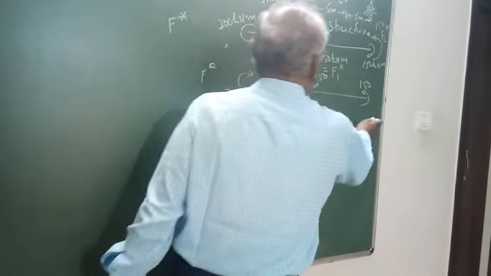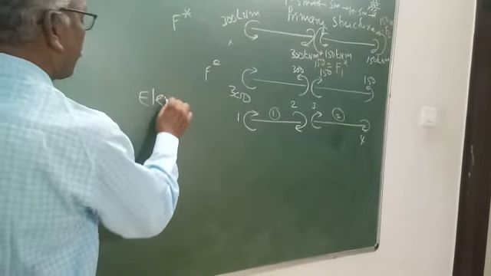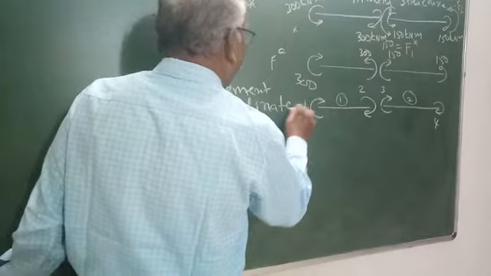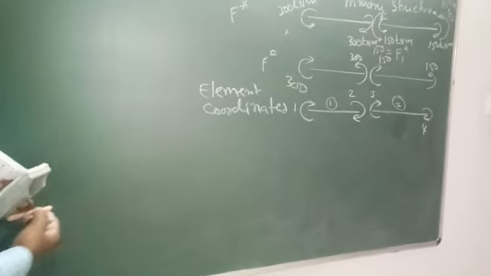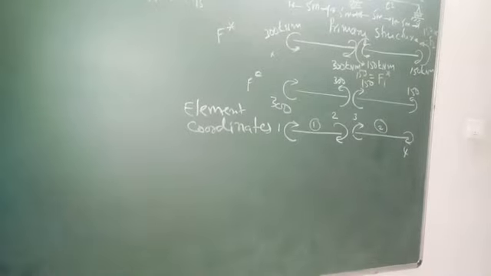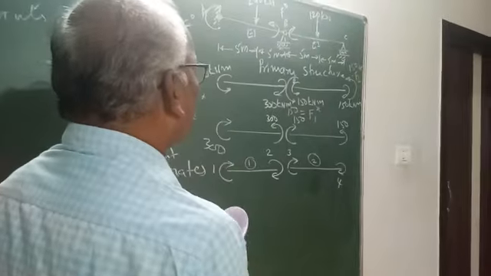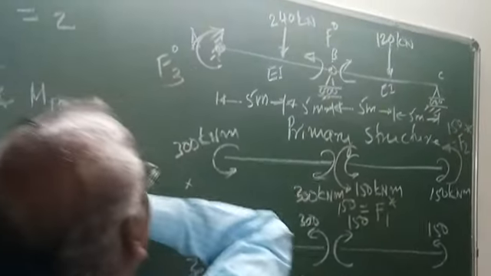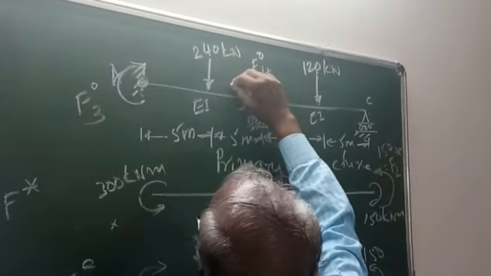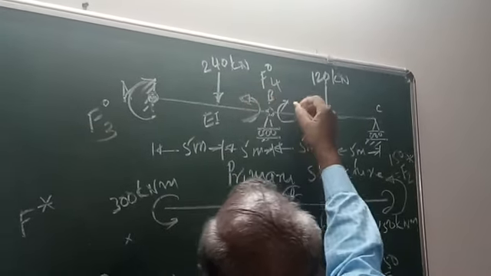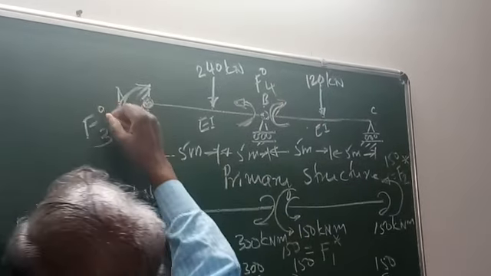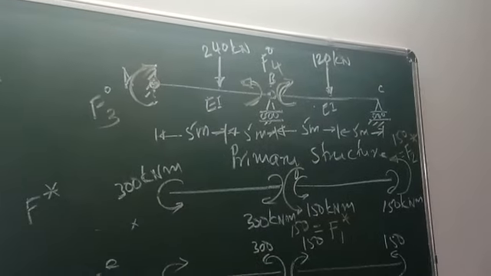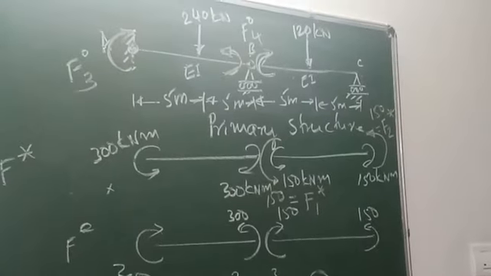So 1, 2, 3, 4 are the element coordinates. Now, the redundants. Already we have fixed F1 star and F2 star. We have one force here redundant, F3 naught, and this is F4 naught. You can mark it in the clockwise direction or anti-clockwise, no problem. So that is about the values of F3 naught and F4 naught.